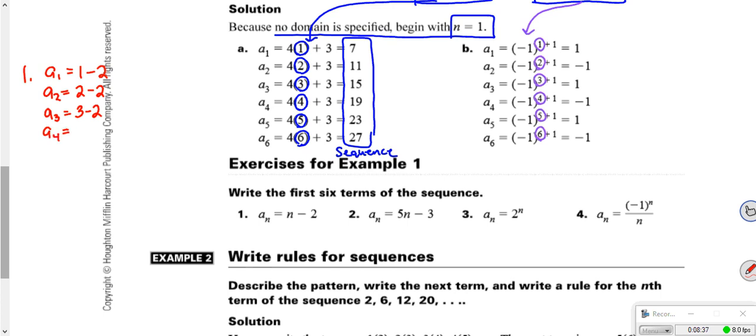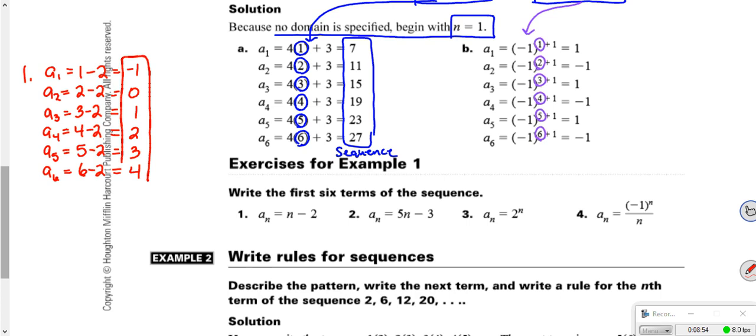A sub 4 is 4 minus 2. A sub 5 is 5 minus 2. A sub 6 is 6 minus 2. So these would give me my sequence of numbers for the first 6 terms. Okay, that's number 1. I'm not going to do all of these.